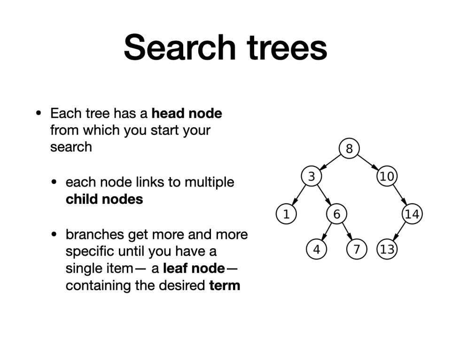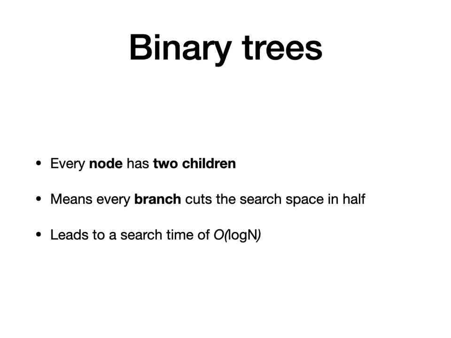And the branches get more and more specific until you run out of places to search, right? So one structure here is binary trees, and that's what I just displayed to you before. Every node will have 2 children. And again, that means that every branch off of one of the children as we're traversing down the tree cuts the search space in half. That's great. This logarithmic search time, runtime.